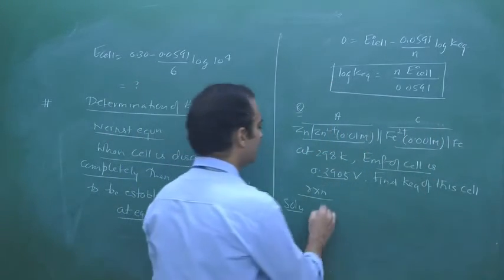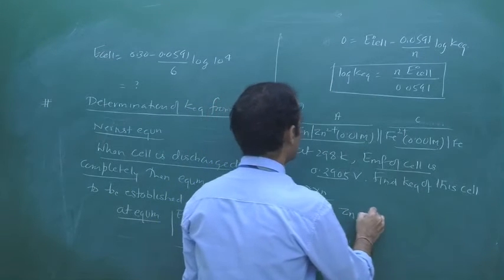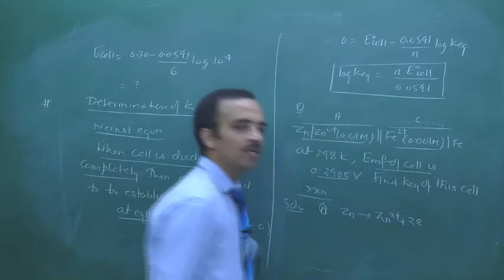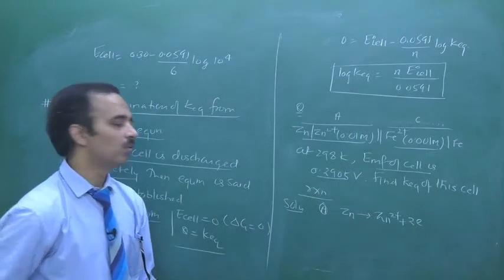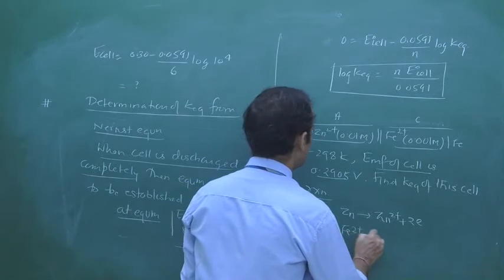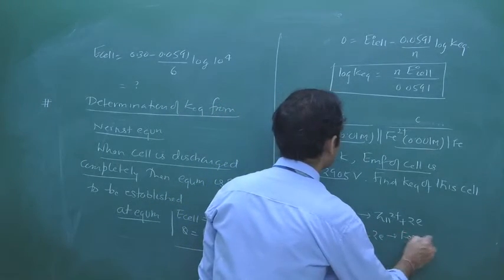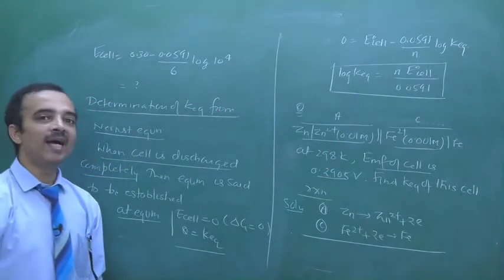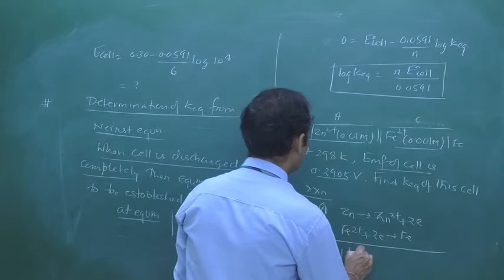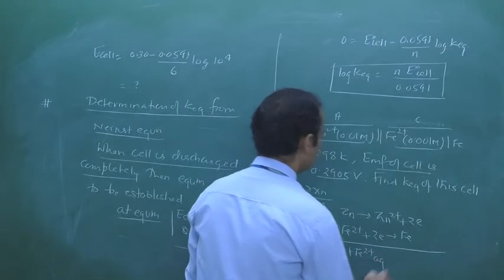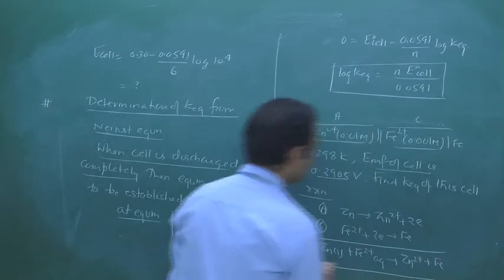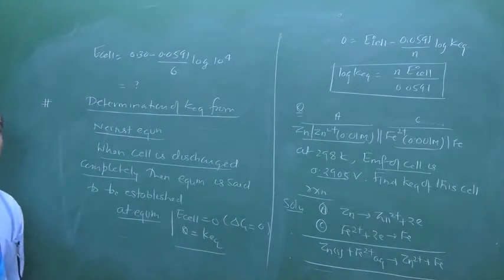In anode, zinc is converting to Zn2+, that means oxidation takes place at anode. In cathode, Fe2+ is reduced to Fe. When we add these two equations, we get Zn solid plus Fe2+ converts to Zn2+ plus Fe. Is it clear?